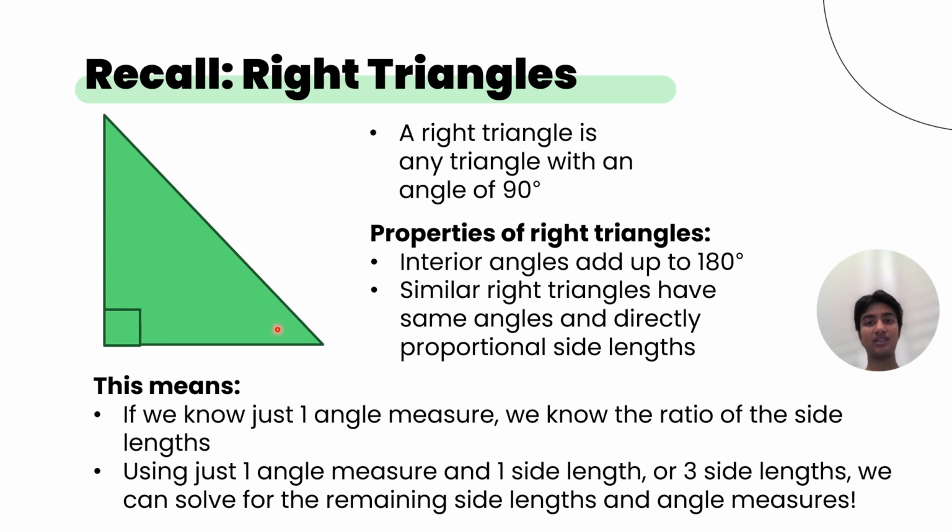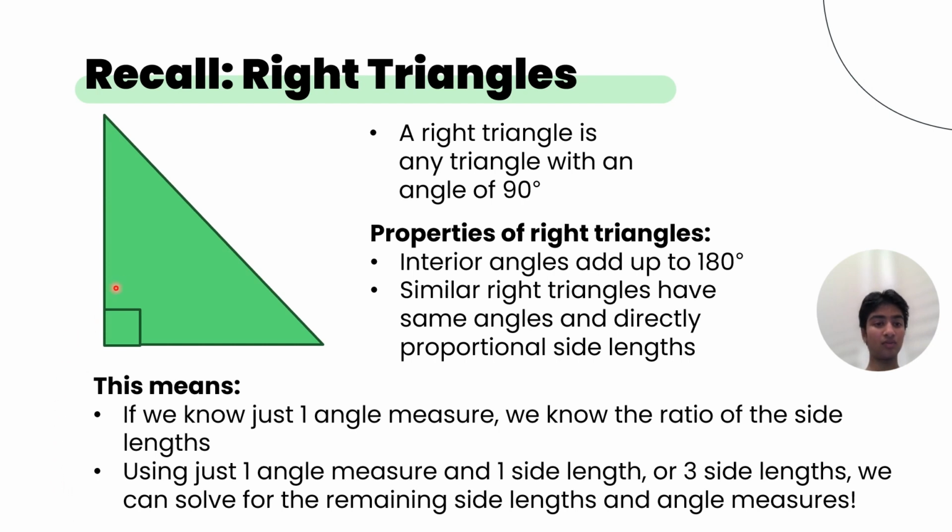Basically, this means that if we know just one angle measure, for example the angle right here, then we know the ratios of the lengths. So we know the ratio of this length to this length, and so on. Using just one angle measure and one side length, or three side lengths, we can solve for the remaining side lengths and the angle measures.